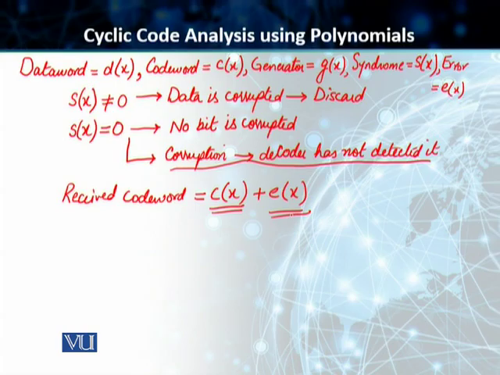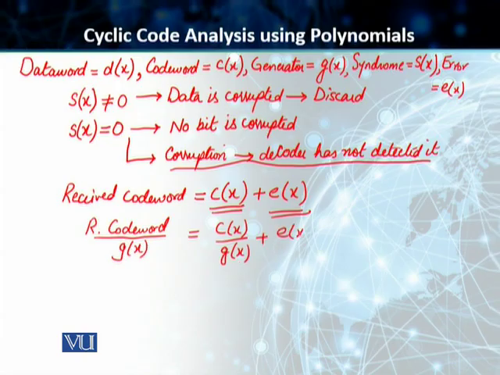Students, the receiver, what it does is, using the checker, if you remember, it divides the received code word by g(x). So we divide the received code word by the generator function. So that is going to be c(x) divided by g(x) plus e(x) divided by g(x).